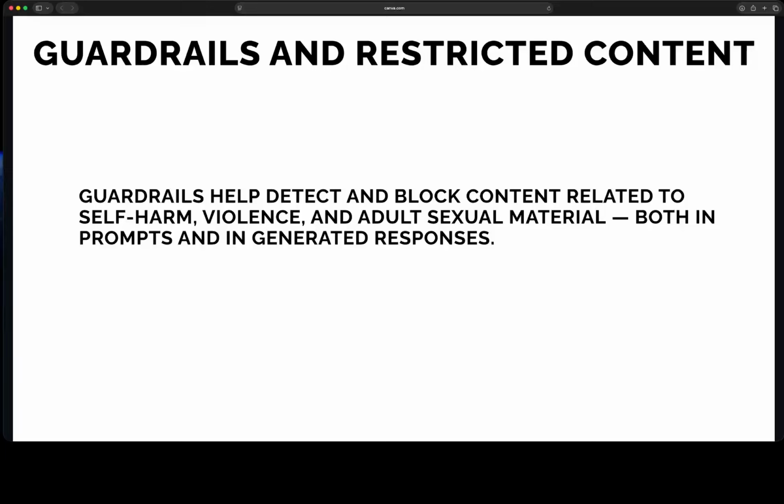These guardrails help detect and block content related to self-harm, violence, and adult material, both in prompts and in generated responses. These protections are essential, but they also mean that if your app's response or purpose falls somewhere in between, it might be restricted from these generations.